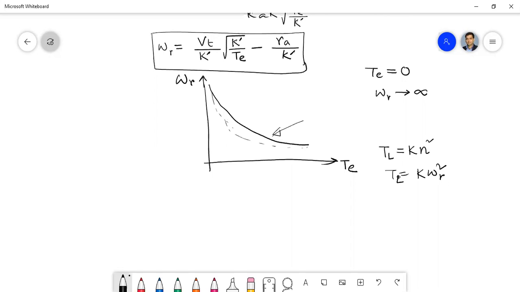Parabolic. Okay, so that means like this. Isn't it?